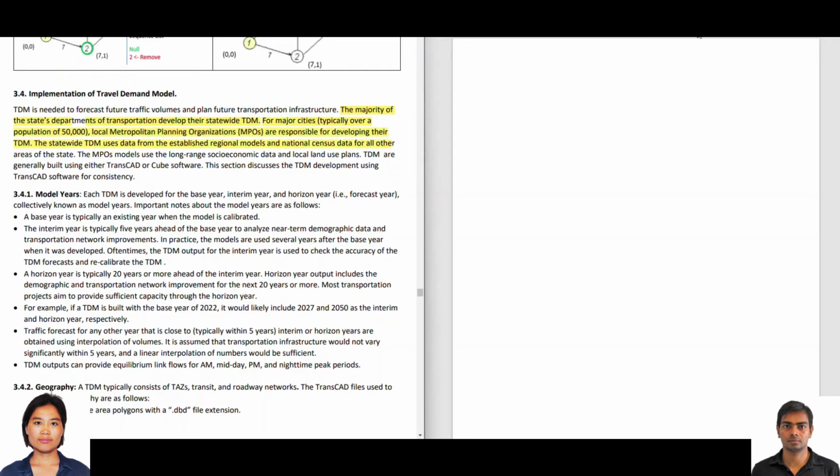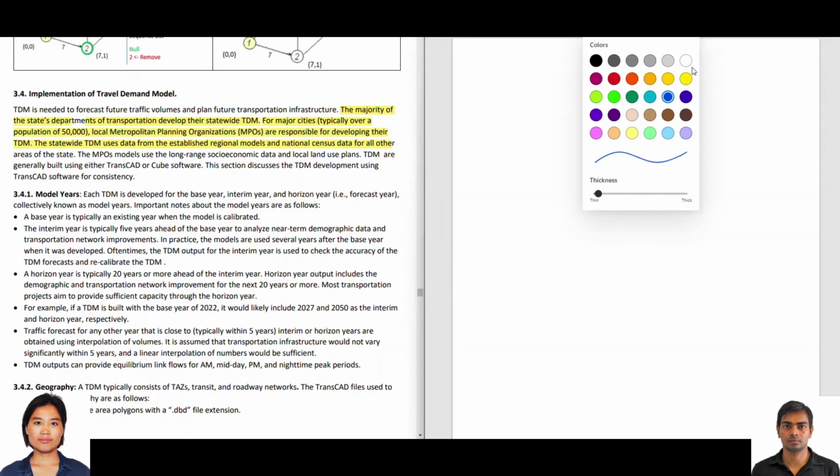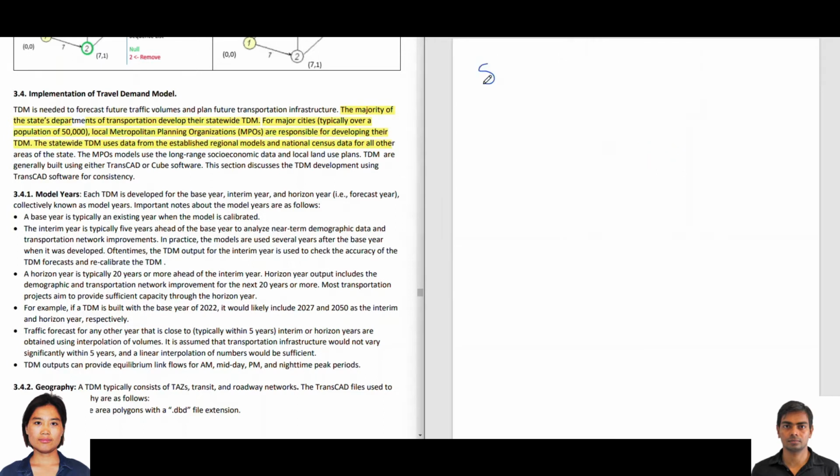So, like I have mentioned in a video before, cities with a population greater than 50,000 are called metropolitan cities, and they have the planning organizations called MPOs, a metropolitan planning organization, and they develop their own travel demand models.